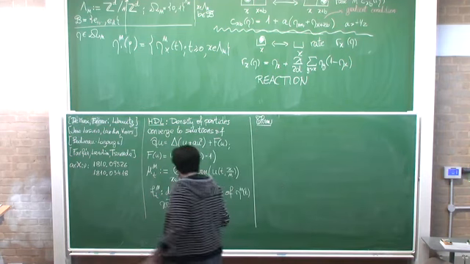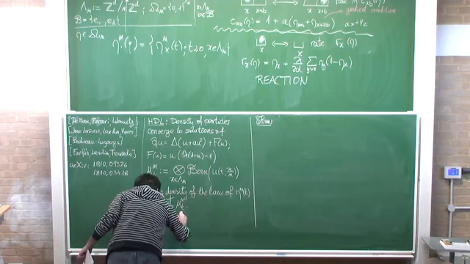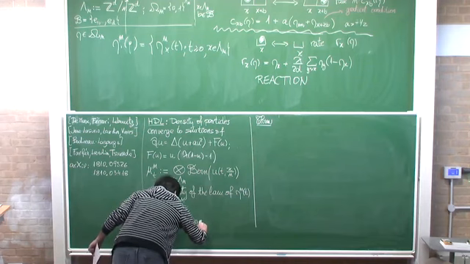And okay, let me call h_n(t) the entropy, the relative entropy of f_t.